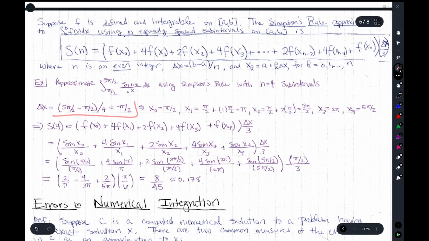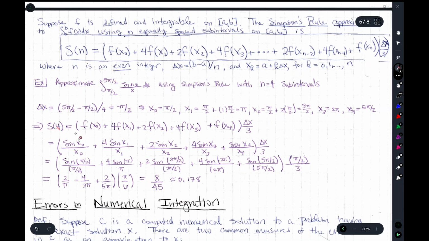That gives us a delta x, the width of a subinterval, of pi over 2. So x0 is pi over 2, and we keep adding pi over 2 to get the endpoints of the different subintervals. The endpoint of the first subinterval is pi, the second is 3 pi over 2, and the fourth is 5 pi over 2, which is where we're ending.